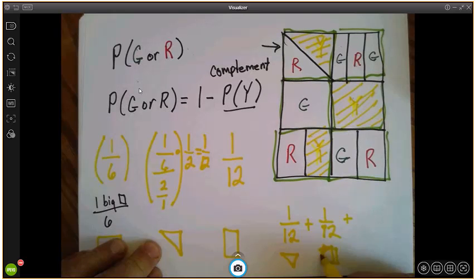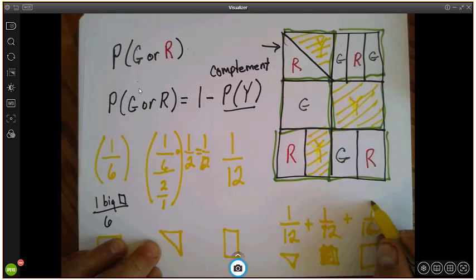And then we got 1/6 in the big square. So I've got to change this to a 12. 6 will go into 12 two times. So that'd be 4/12. So yellow is 1/3.